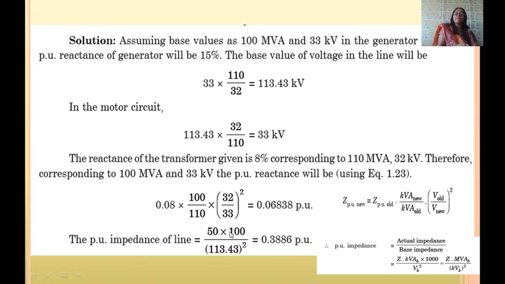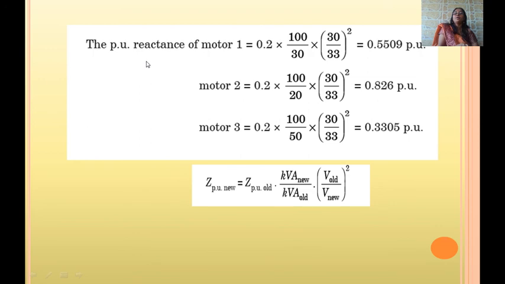So 100 MVA divided by 103.43 whole bracket squared, we will get the value 0.3886 per unit, the per unit impedance of the line. Now the per unit reactance of motor 1, motor 2, motor 3.